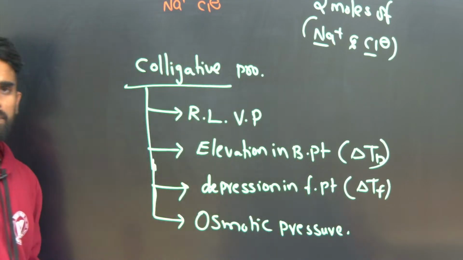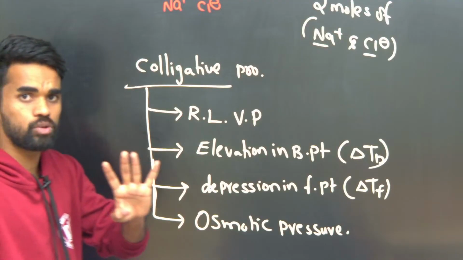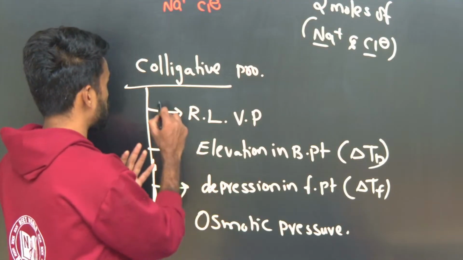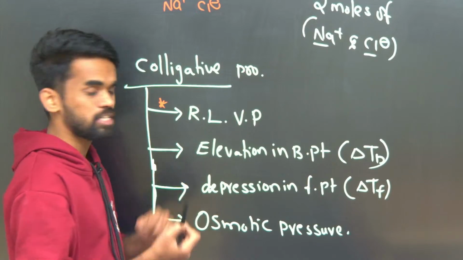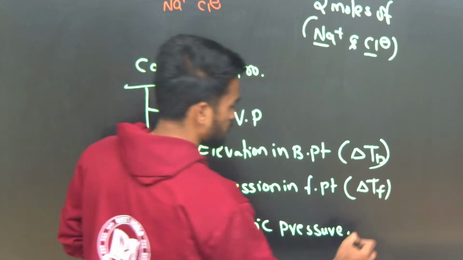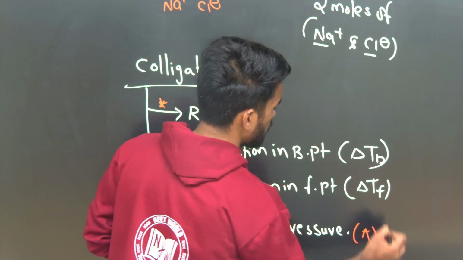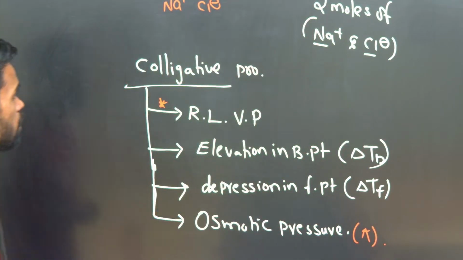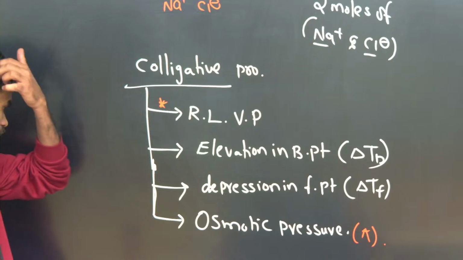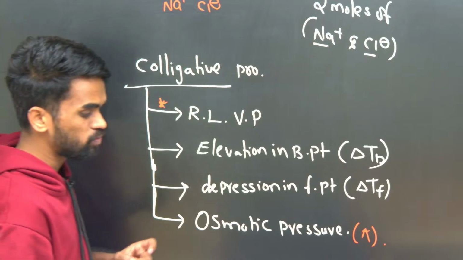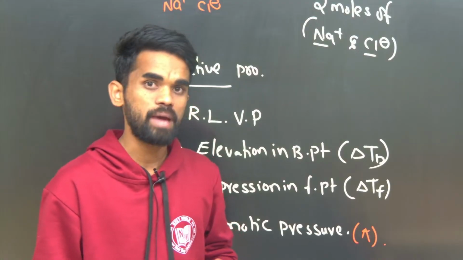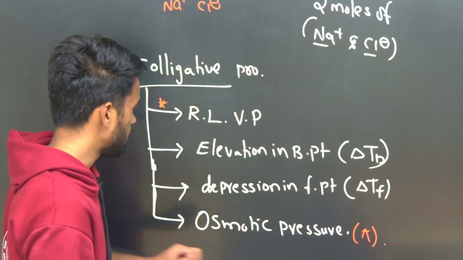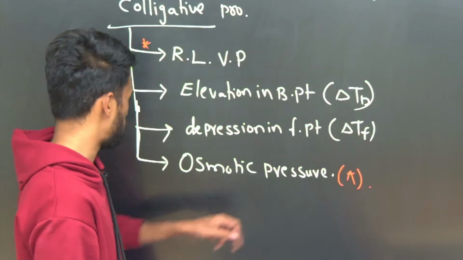Hope up to here it is clear. There are 4 colligative properties which are important as per our syllabus. One is RLVP, next elevation in boiling point, depression in freezing point, and osmotic pressure indicated with the symbol pi. Now what is the use of understanding this? Using these colligative properties, we can find the molar masses of biomolecules, polymers or macromolecules, particularly biomolecules like proteins.